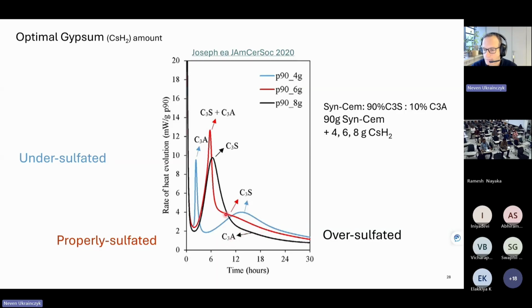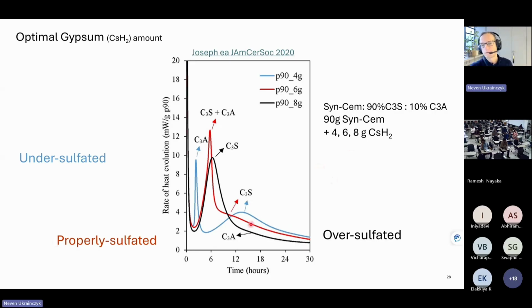You should at least see it as a second peak here. If you don't see it, of course, you either have it here or maybe later, but you don't want to have an oversulfated system because then your strength goes down because of this ettringite expansion reaction.